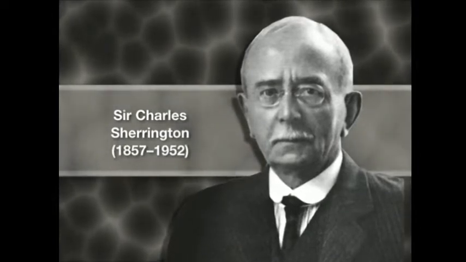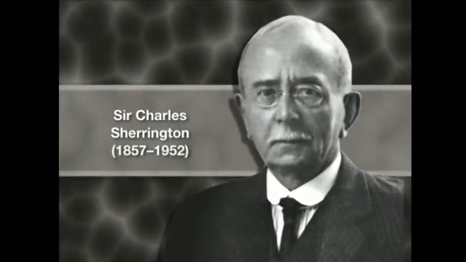And Sherrington, on the basis of theoretical considerations alone, believed that neurons had to have a space in between them, a gap in between the various neurons in the nervous system, because when he looked at conduction as a physiologist, conduction in nerve trunks was much faster than in gray matter in the brain. So on the basis of that alone, he in fact believed that neurons were individual structural units that had to have a space or a gap in between them.